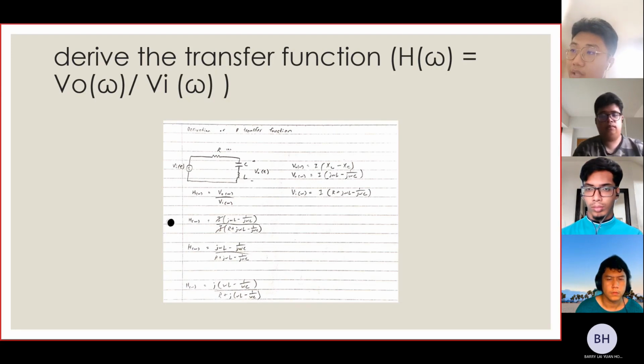So for the formula of R, we take the resistance plus the impedance of L and the impedance of C. So the formula of the transfer function is voltage output divided by voltage input, and this is the formula we get from the derivation. Next slide.